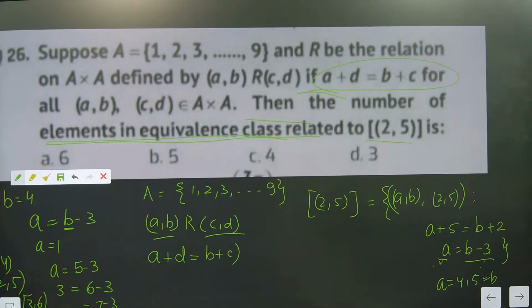If B is equal to 7, you are putting, A is coming as 4. If B is equal to 8, you are putting, A is coming as 5. If B is equal to 9, you are putting, A is coming as 6. Now count: 1, 2, 3, 4, 5, 6. Is 6 there in the options?